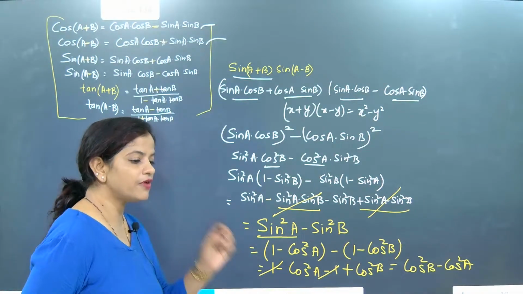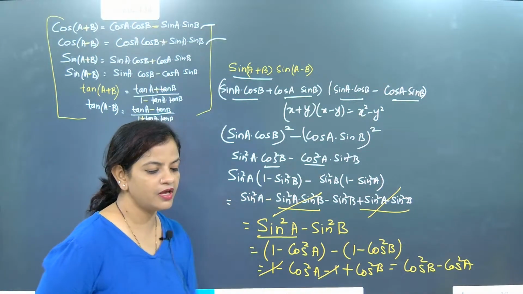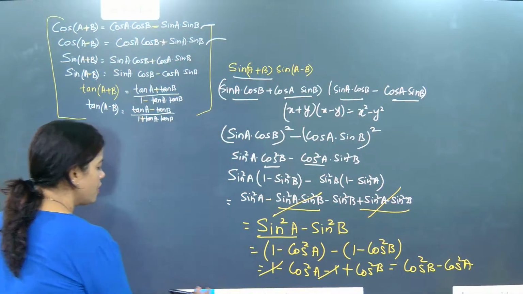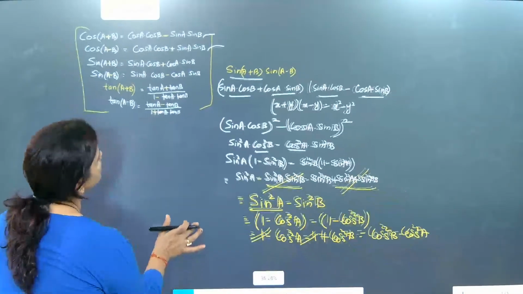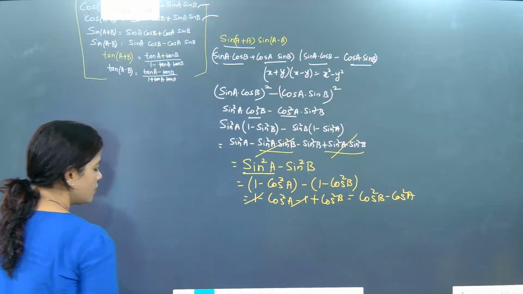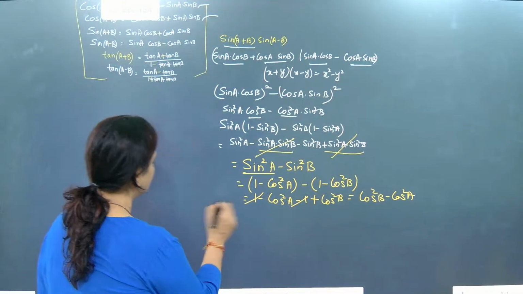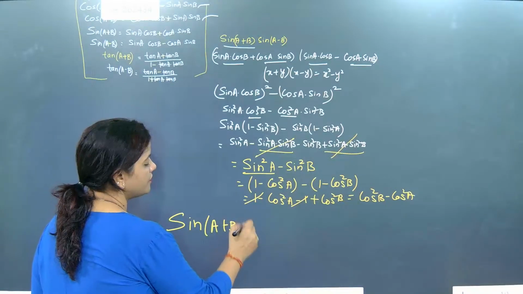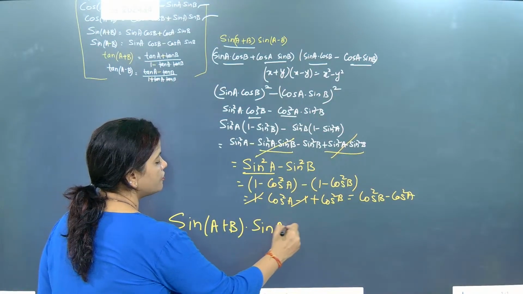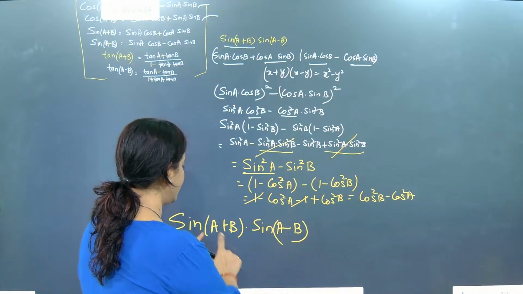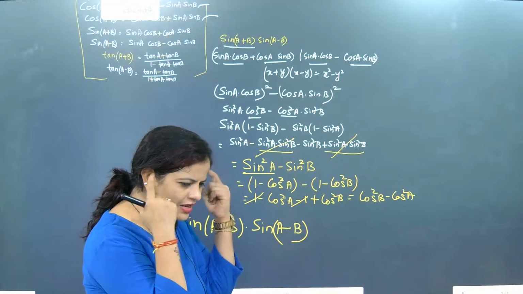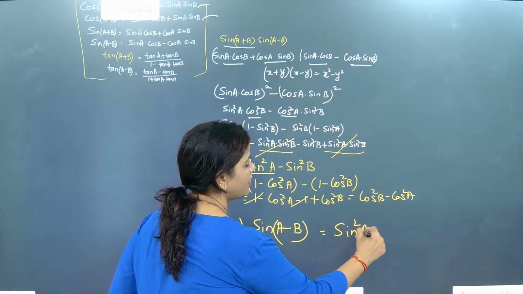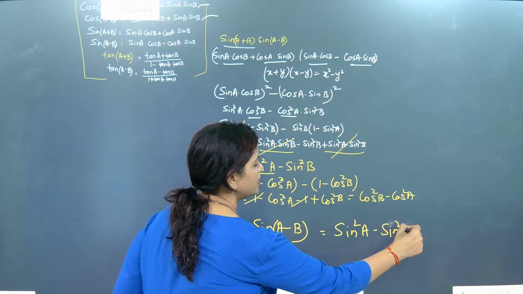So sine of A plus B into sine of A minus B. Directly what you will write, the shortest way of writing the formula is, what is the shortest way of writing the formula? We will write it as sine of A plus B into sine of A minus B. Directly A plus B, A minus B. Simply we'll try to remember it as sine square A minus sine square B. That's it.